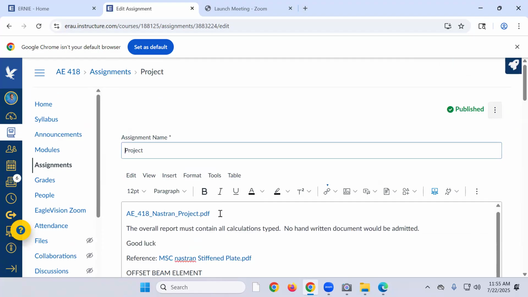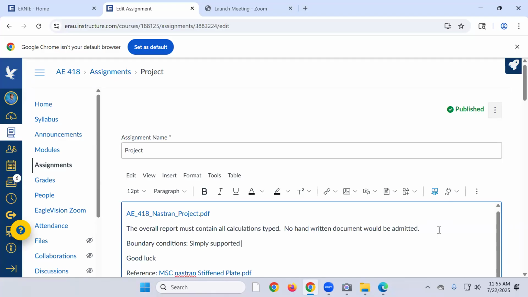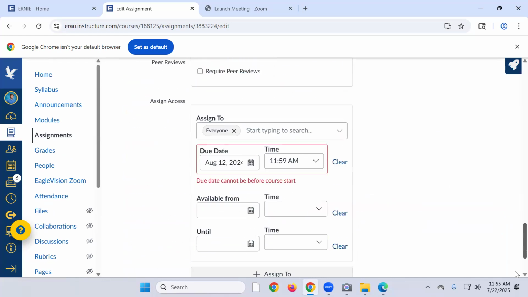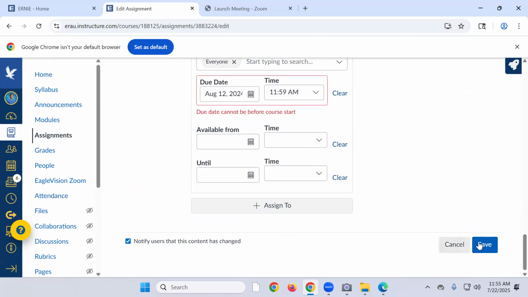So boundary conditions: simply supported along 4 edges. I'm going to put that in 4. All right, and I'm going to click save.